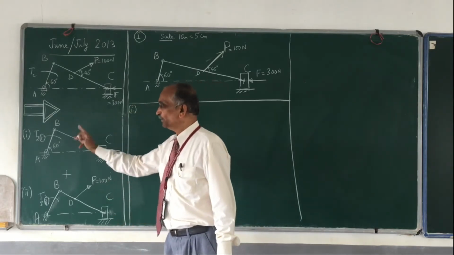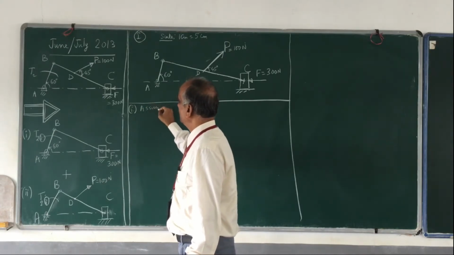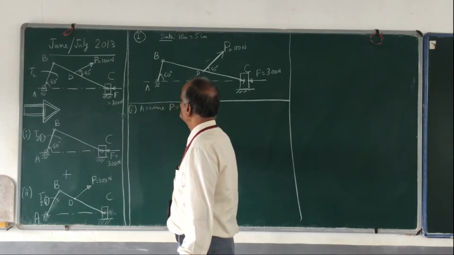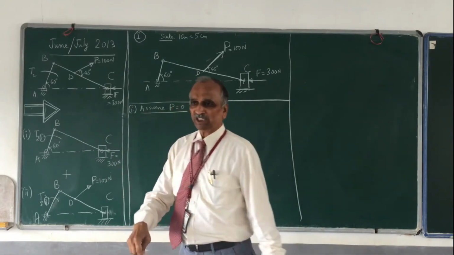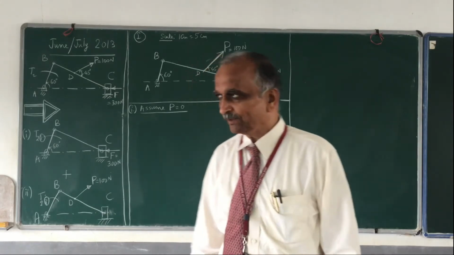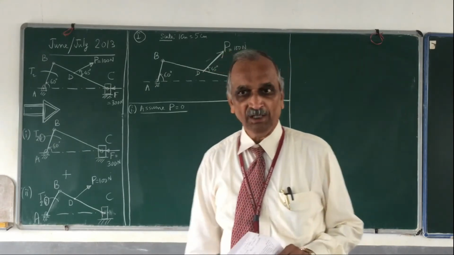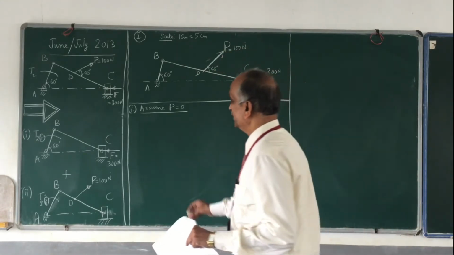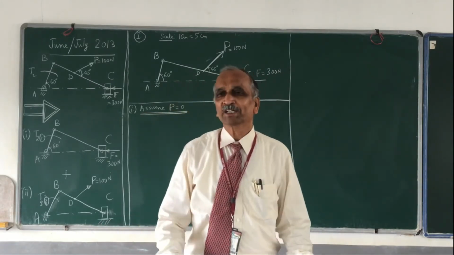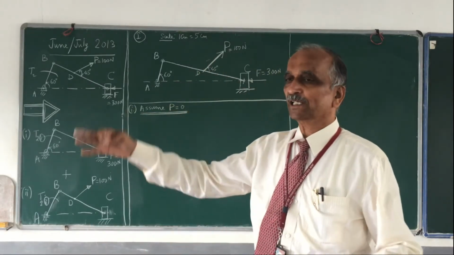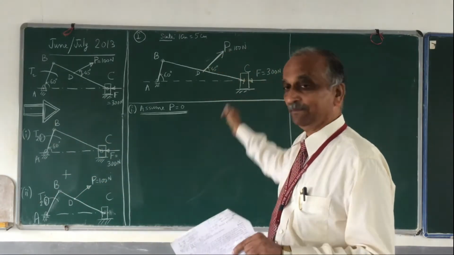In the first problem, P is 0, so assume P equal to 0, as if you don't have P. With respect to the method I described, I want to reduce the time of my solution, and therefore the next step is to draw the free body diagram. I shall not draw in the order link 2, link 3, link 4, link 5 like that. I shall spend some time.